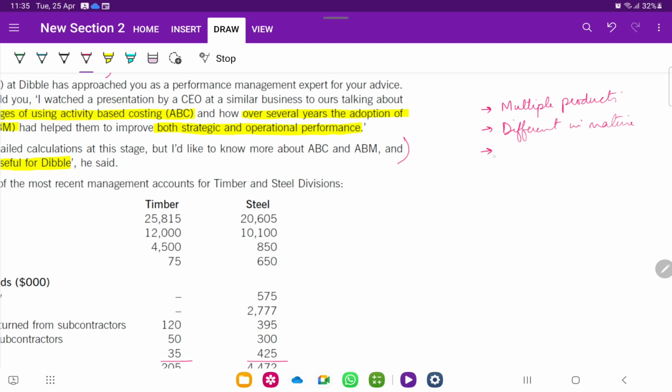And the third category which we discussed is that major overheads should not be diluted.